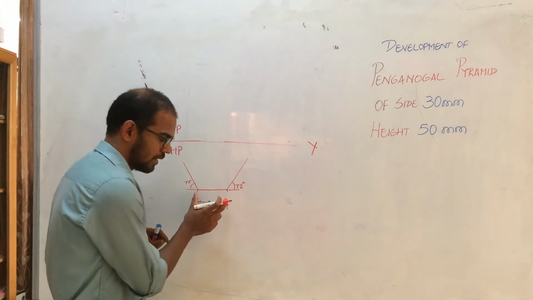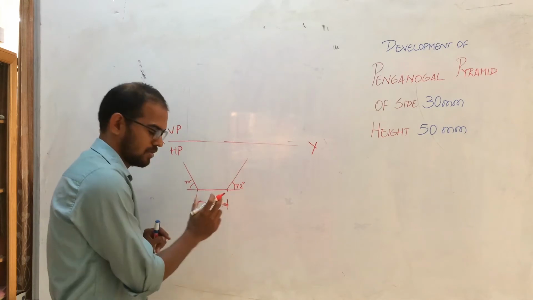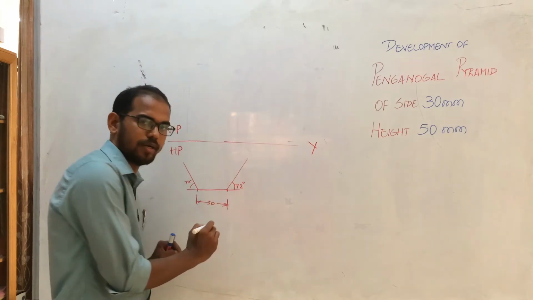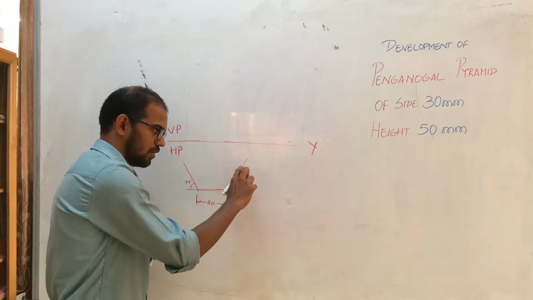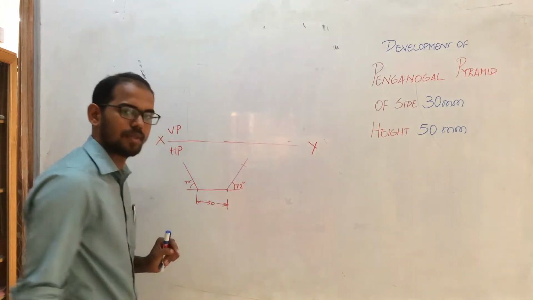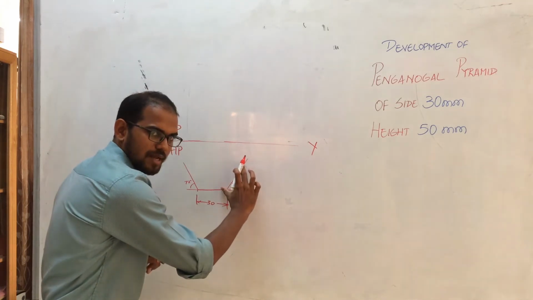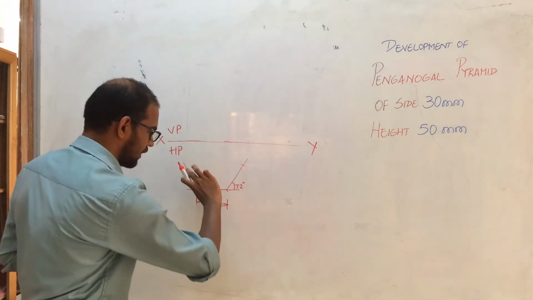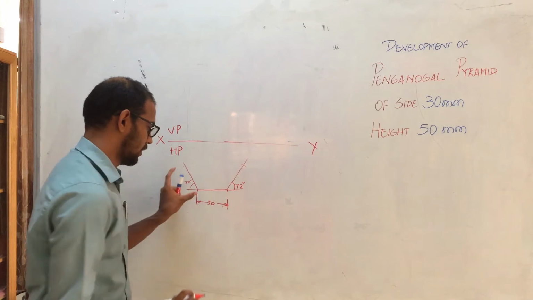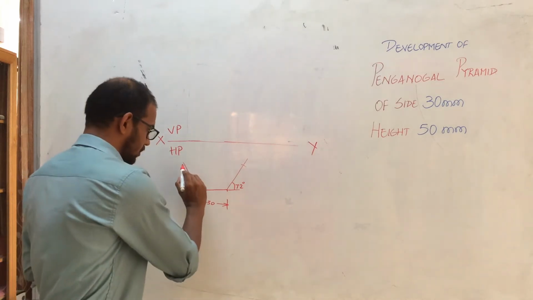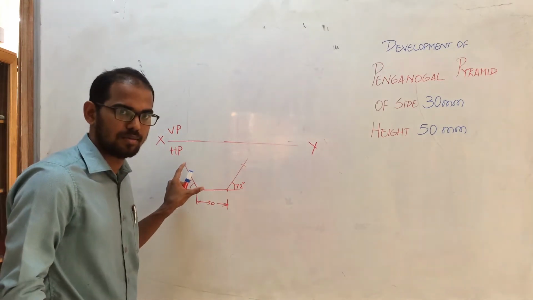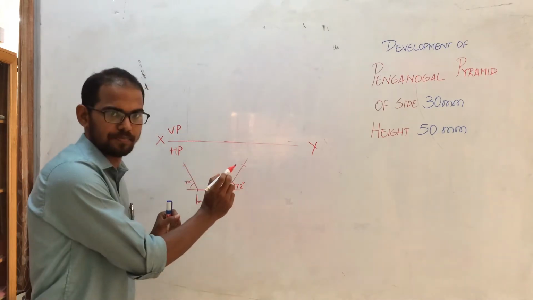After that, take this 30 mm as radius and take this point as reference. Draw an arc. It will cut this line. The length of this line is 30 mm. Similarly, at this point also, draw an arc and cut this line so that you get 2 points.